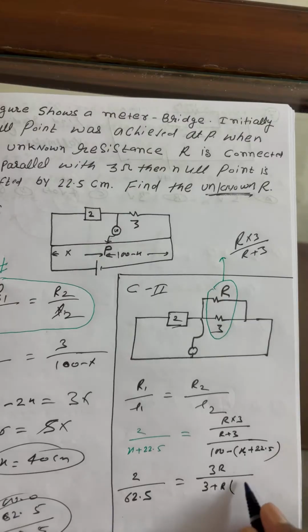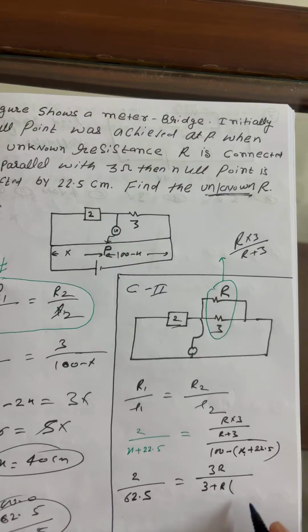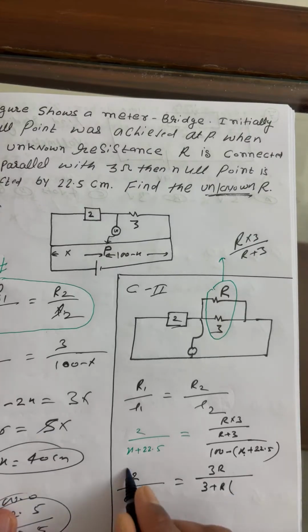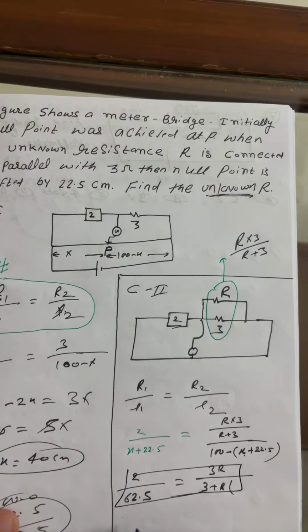Now, we'll go through this here, and further you can solve it. So x is 40, and 22.5 is added. There is a little calculation here, but be careful of errors. So 2 by 62.5 is equal to 3R upon 3 plus R into 77.5 minus 40.